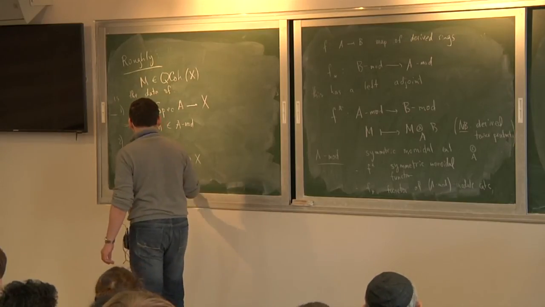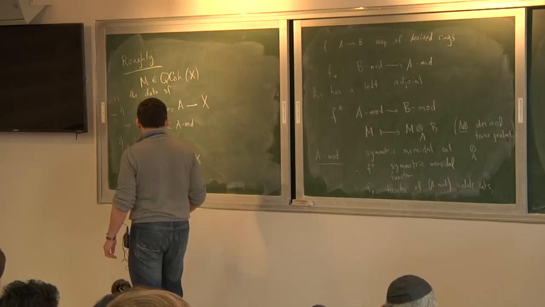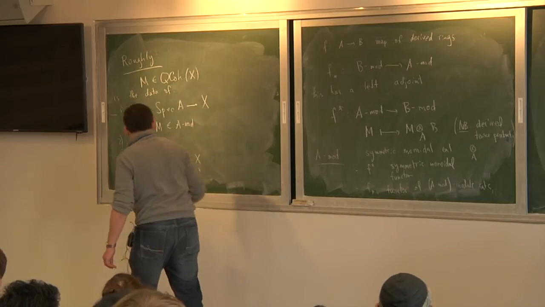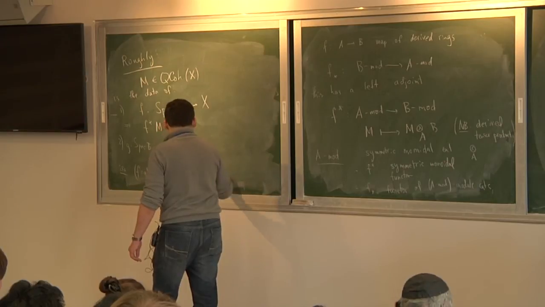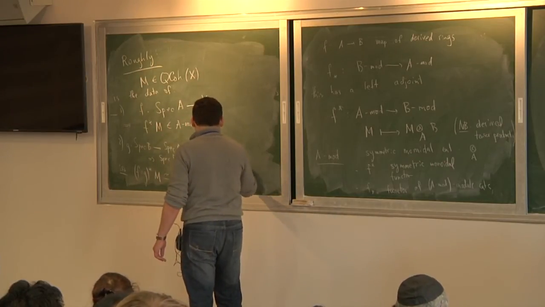That's one thing we can do. Another thing we can do is take the pullback of the module associated to F, and we're supposed to give this as an isomorphism of B modules.